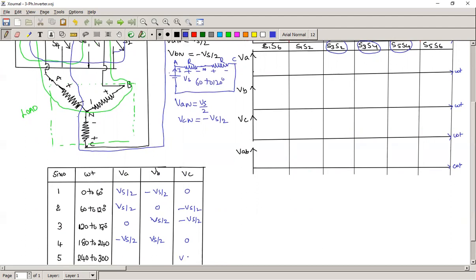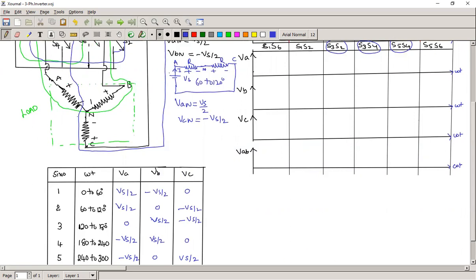So Vs by 2. B phase is disconnected. A phase is minus Vs by 2. Now again S5, S6 is conducting. Again C phase is positive and B phase is negative.